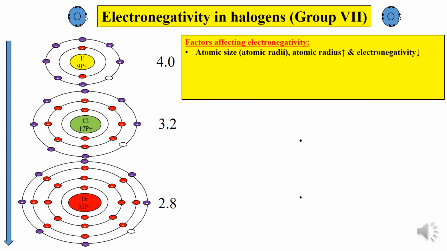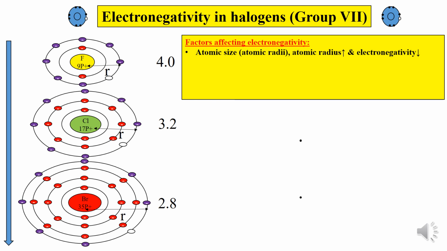Atomic size or atomic radii. Now as you go down the group, you will find the number of shells increase. As the number of shells increase, the distance between the nucleus and the outermost shell also increases.